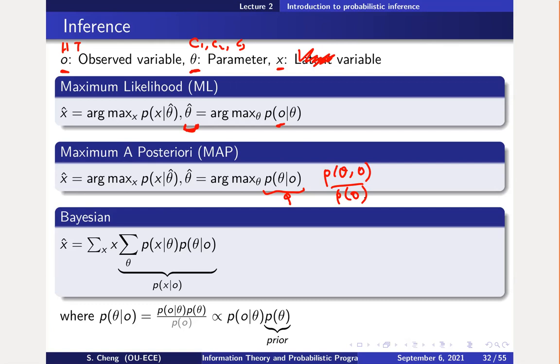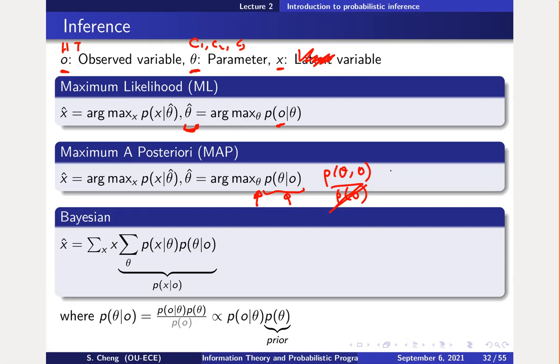And O here is known, I'm just trying to find the best parameter theta, so I'm maximizing over theta. Therefore, P(O) is a constant with respect to theta, so I can ignore this.